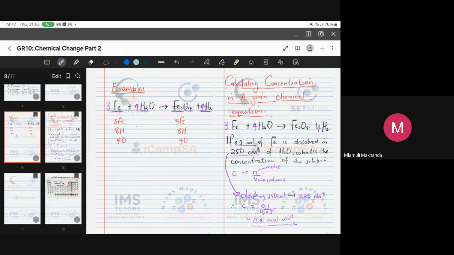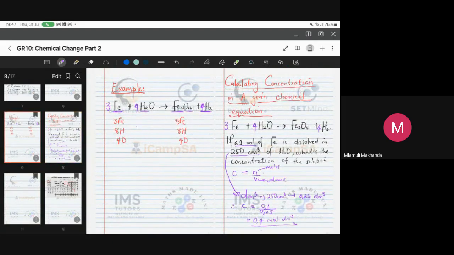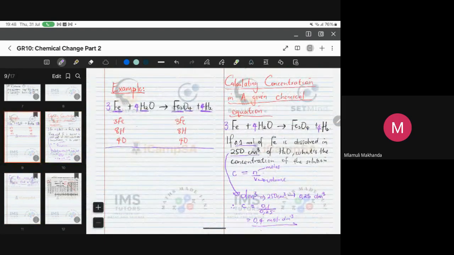If we had this equation, now we wanted to find the mass of this guy that is formed as a result of reacting the iron and the water, right?